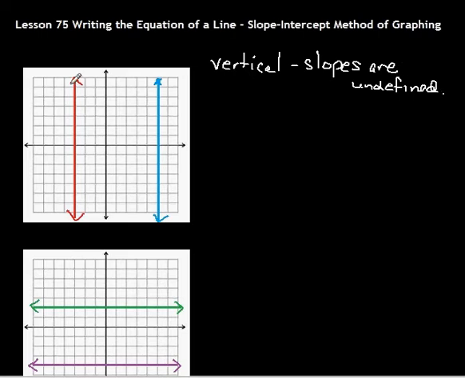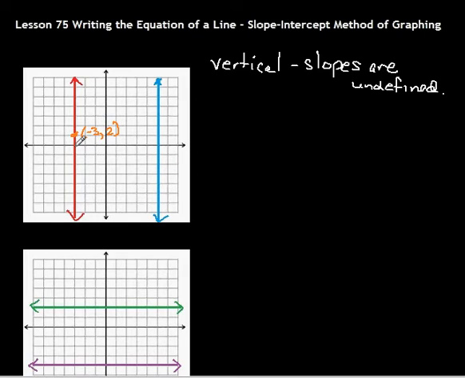If we're going to write an equation of a vertical line, you'll notice that if we found a point on these lines, if I found a point right here, this point would be -3, and your y-coordinate would be 2.